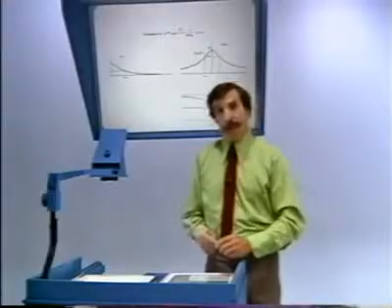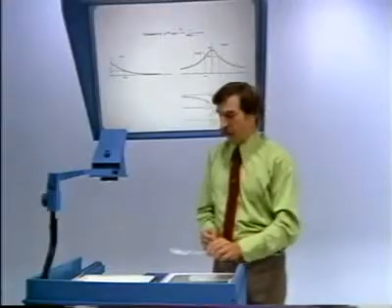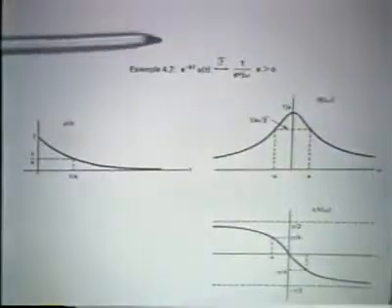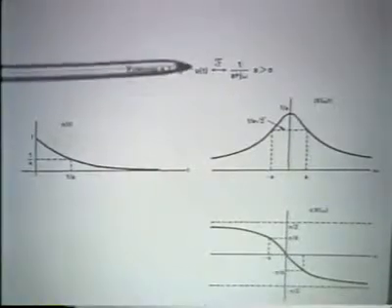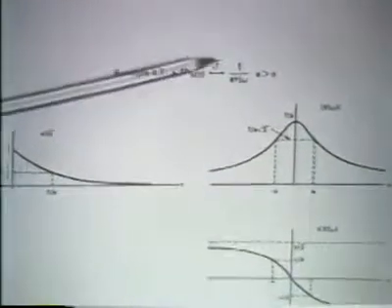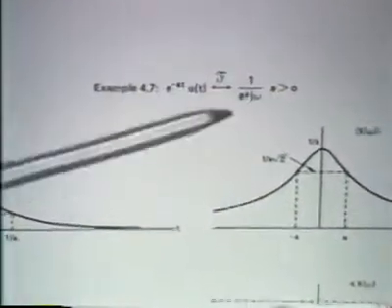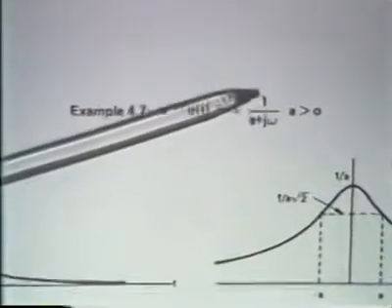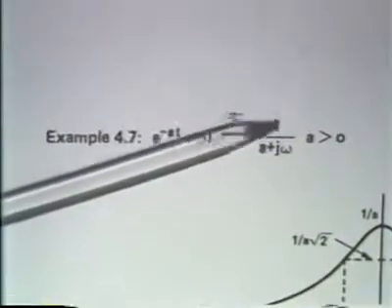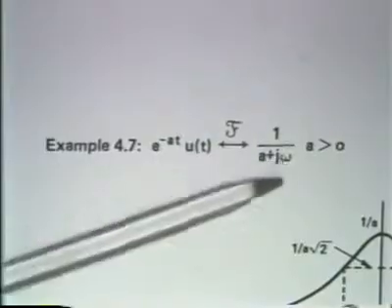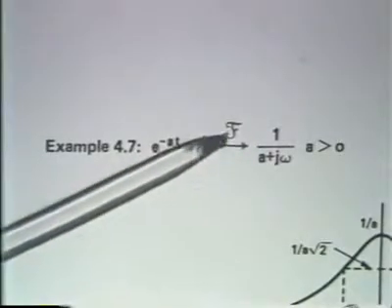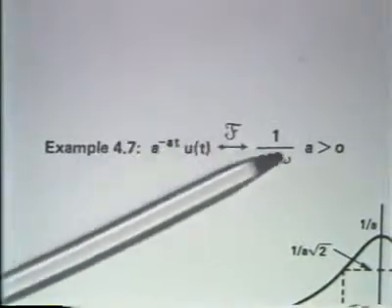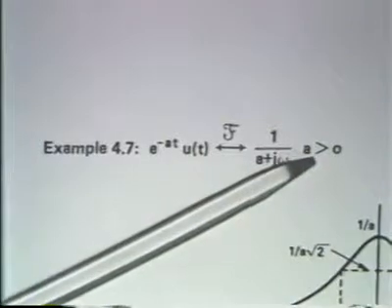We took the case of a real exponential of the form e to the minus at times a step, and the Fourier transform, as we found, was of the algebraic form 1 over a plus j omega. And incidentally, the Fourier transform integral only converged for a greater than 0.